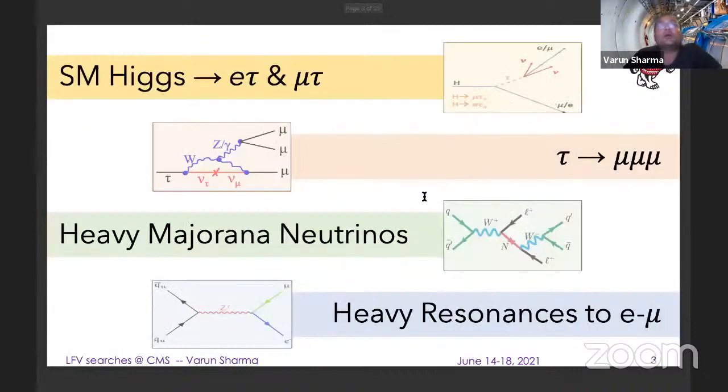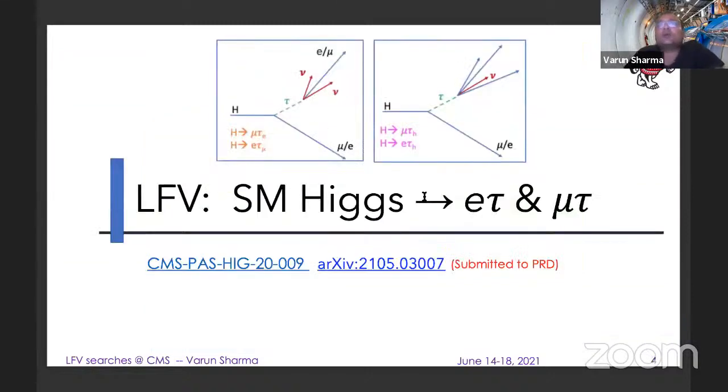I'll be talking about 4 different decay modes where I'll discuss the lepton flavor violations, starting with the Higgs to e tau, mu tau and tau to 3 mu final states, then the production of Majorana neutrinos and heavy resonances decaying to the e mu final state. Starting with the first one, we look for the standard model Higgs decaying to either e tau or mu tau final states.